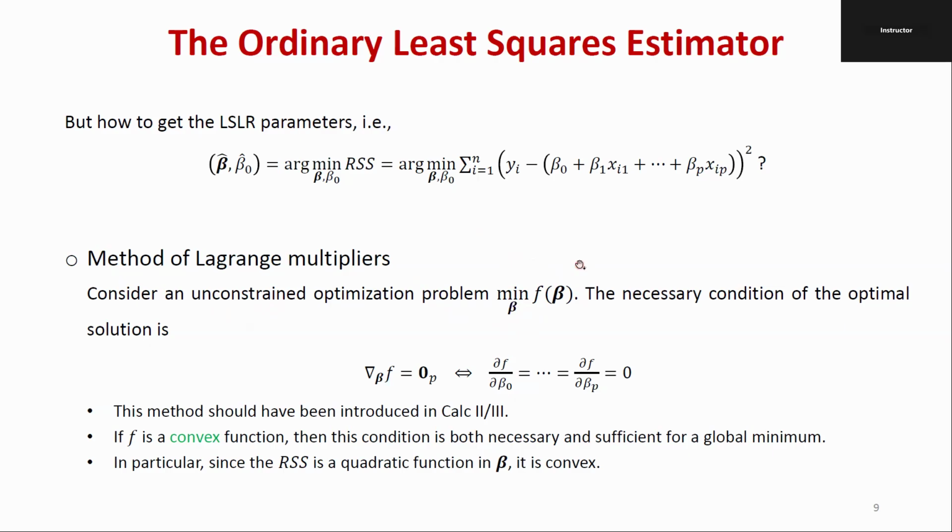Beta can be any real numbers, and the necessary condition of the optimal solution is that the gradient, or nabla, of f with respect to beta equals 0_p. 0_p means a p-dimensional zero vector. This means partial f partial beta 0 equals partial f partial beta 1, and so on, up to partial f partial beta p, equals 0.